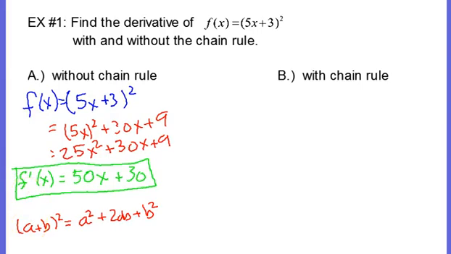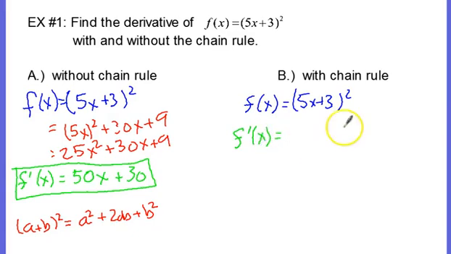Now, what would this look like if we used the chain rule? Let's start with our function again. f of x equals 5x plus 3, quantity squared. And no need for me to expand this binomial squared. All I need to do is go ahead and take the derivative. f prime of x is going to be equal to the derivative of the outside function.